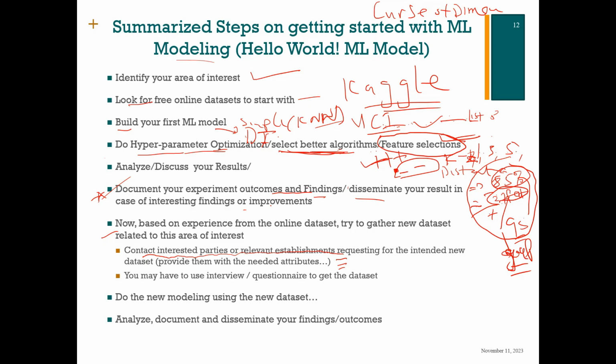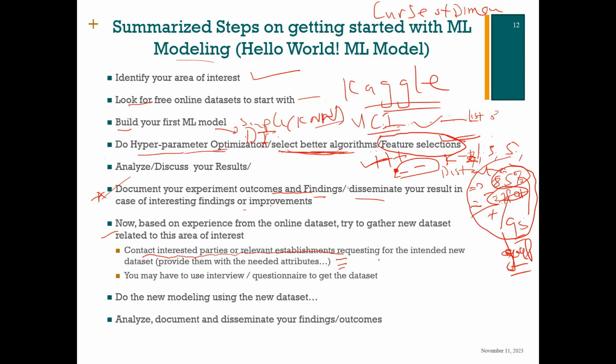However, some of them will say, no, you have to tell us the specific attributes you want. In that case, you go back to the online data set that you have used, look at those attributes, then provide them, while still imploring them that, if you have other attributes different from this, please give them to us. Because the idea we are investigating is, we want the data to speak. Let the data speak.